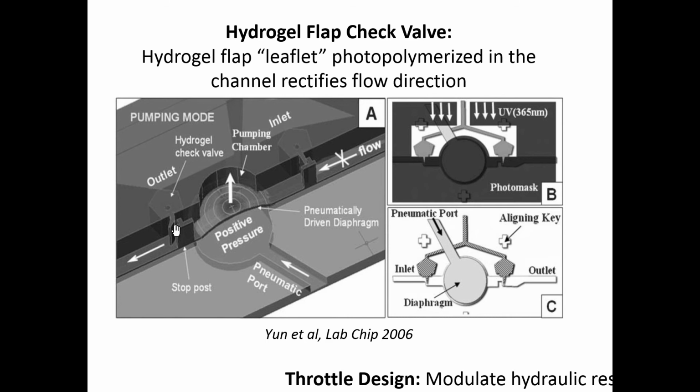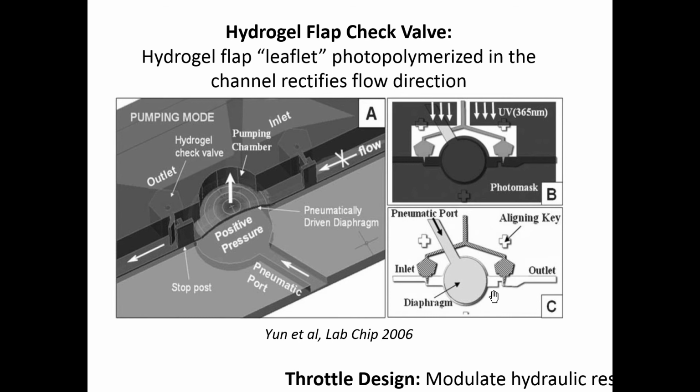So we talked about stop flow lithography, we talked about photopolymerization back in the microfabrication module. So that's what they used to make this valve here. Besides that, the other concepts are what you've seen before. You have a diaphragm, and then you have an inlet valve and an outlet valve. Okay, when this diaphragm goes back and forth, and these valves are going back and forth, you can create a pumping motion.